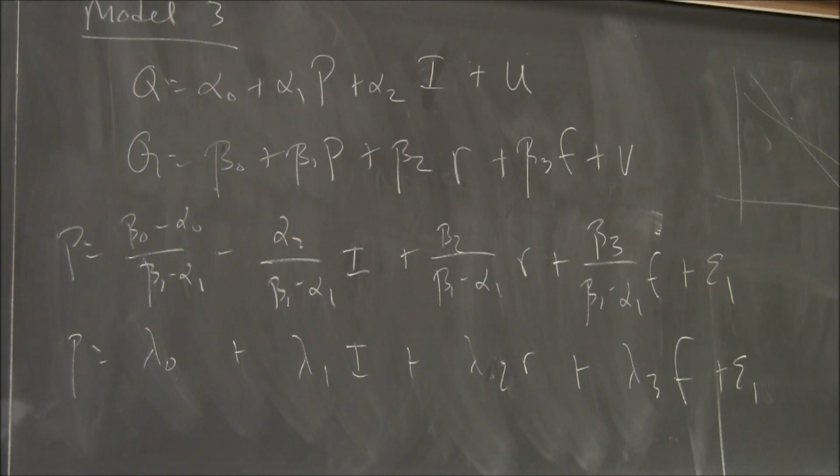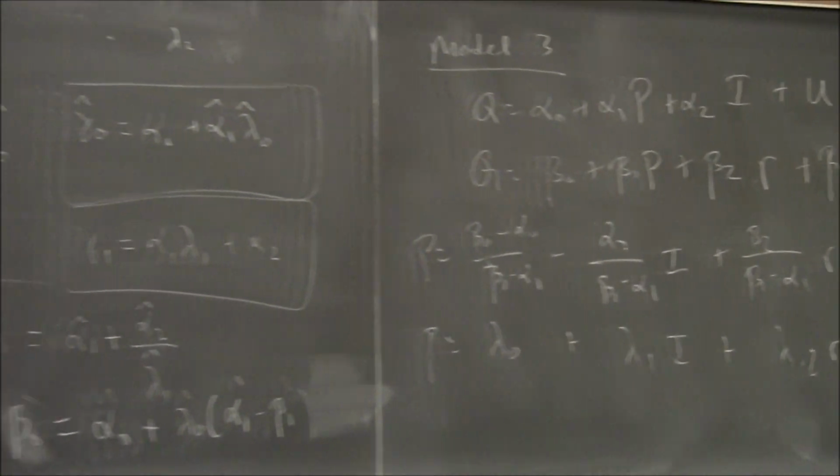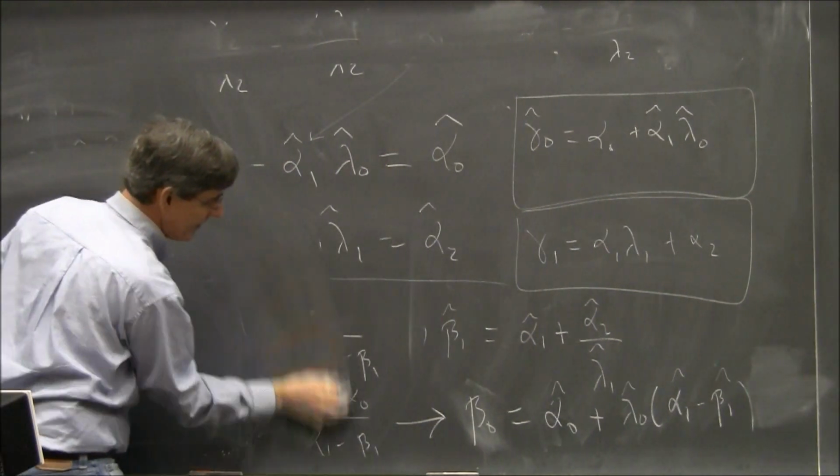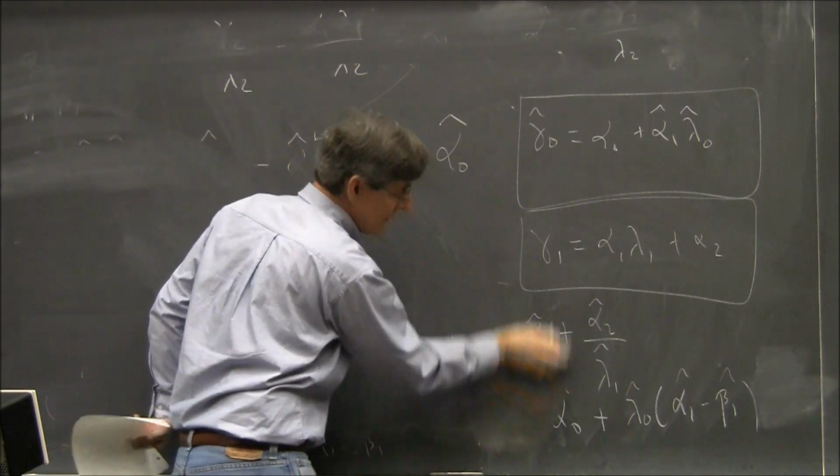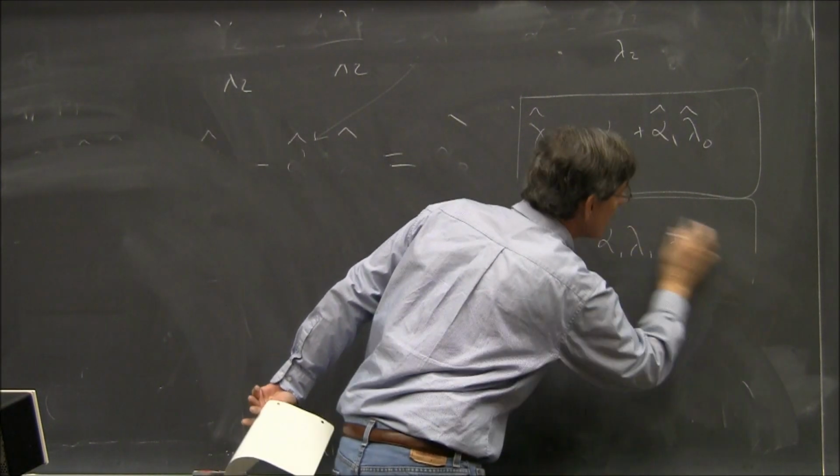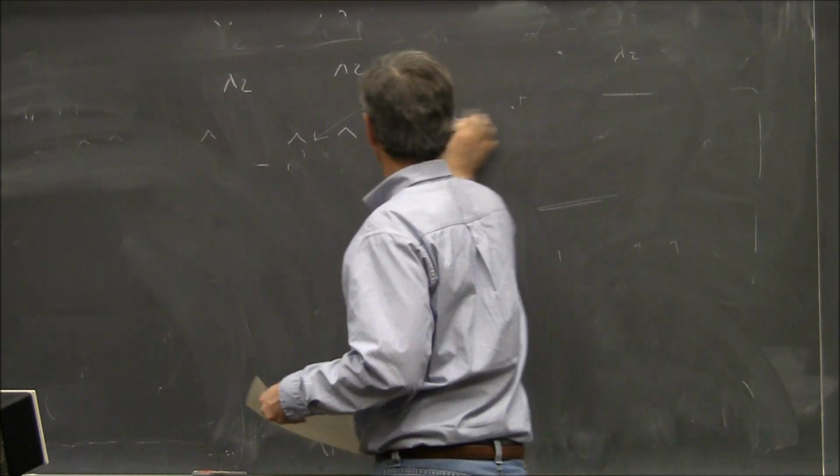Skipping a lot of the details. You just set the two equations equal, solve for P, just like before. So you get exactly the same answer, but one more term, just like we had before.